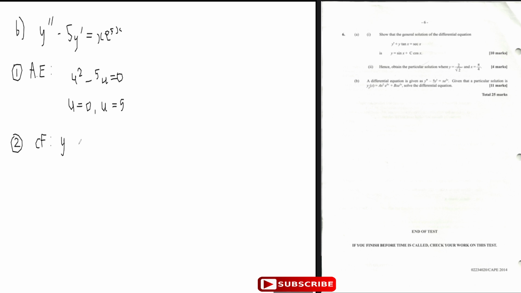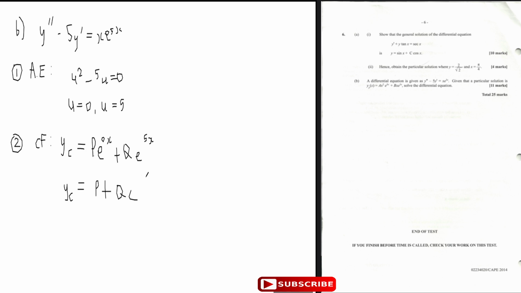The complementary function is equal to p e to the u1 x, so it's going to be p e to the 0x plus q e to the 5x. In reality, this simplifies so that the complementary function is given by p times e to the 0x, which is just p, plus q e to the 5x.